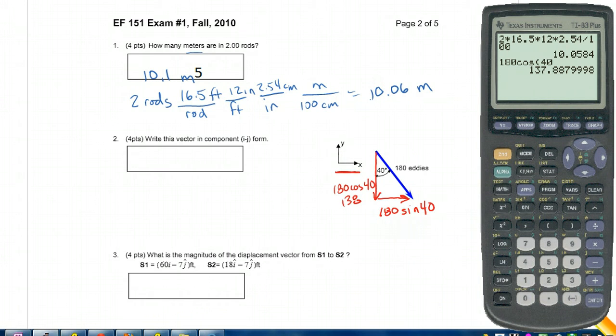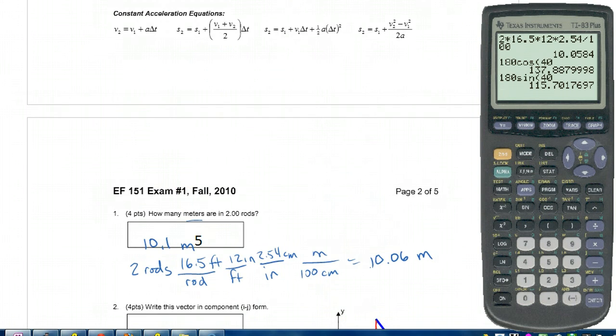Change that to sine. That gives us 116. Alright, be careful with the signs. So we'll go back to here.